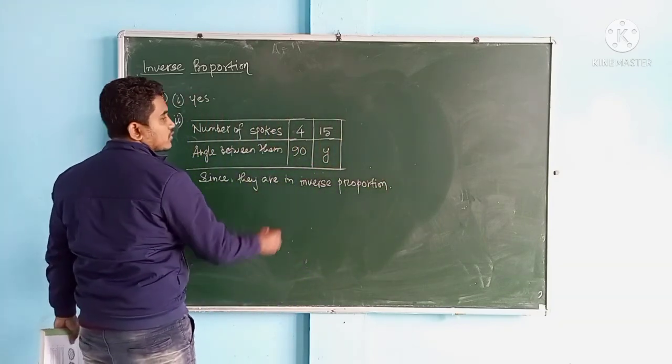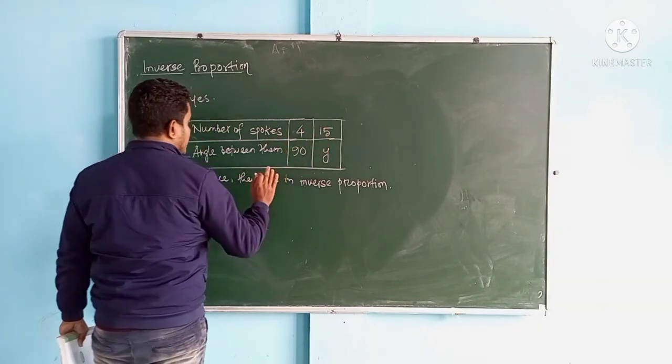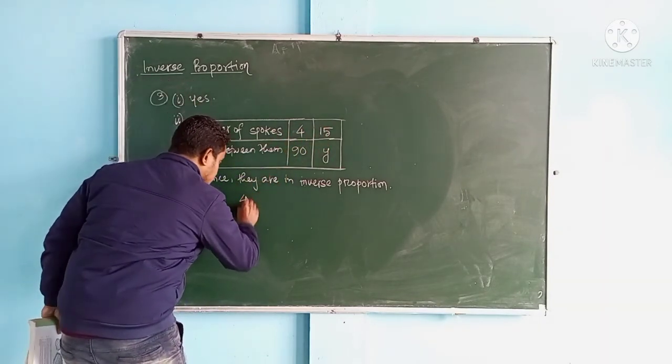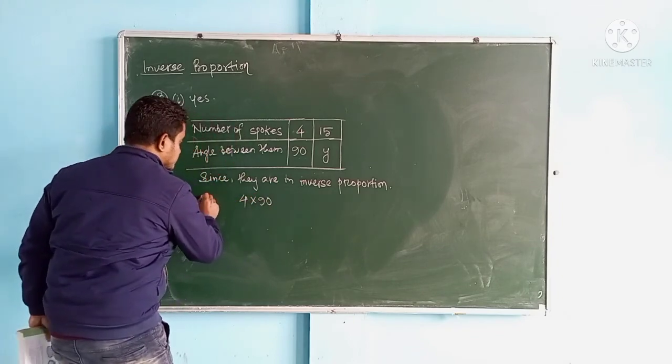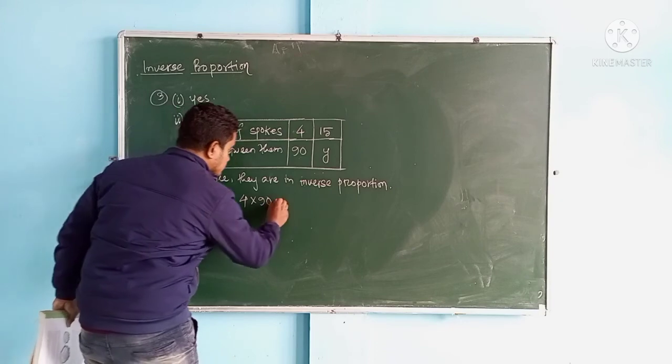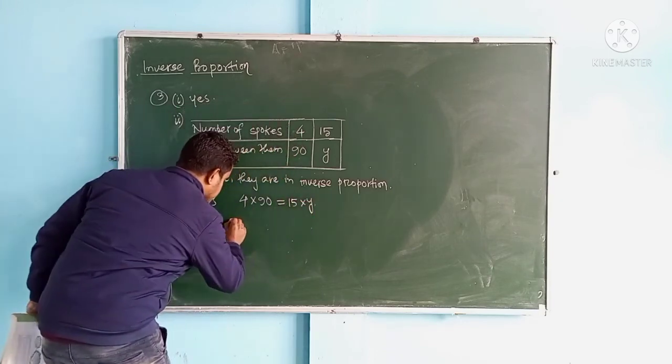In direct proportion, we write 4 by 90 is equal to 15 by y. Now in the case of inverse proportion, 4 into 90 is equal to 15 into y.